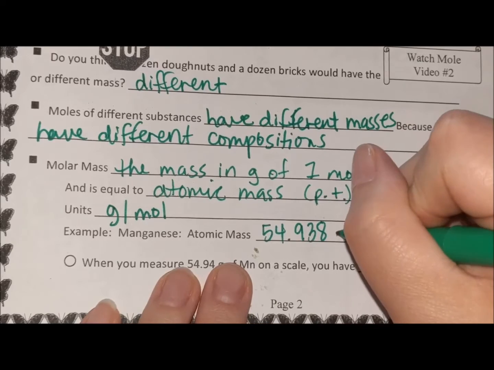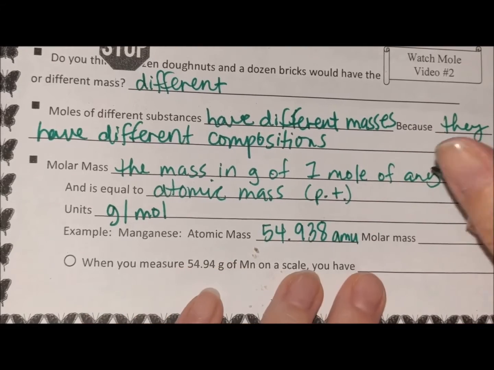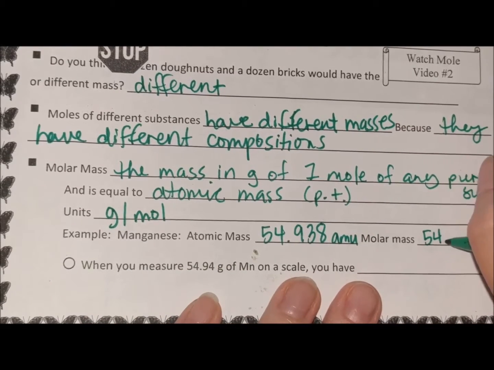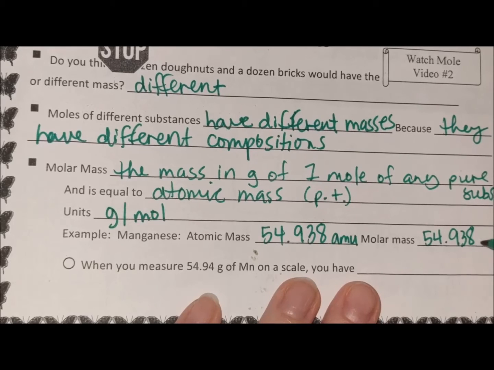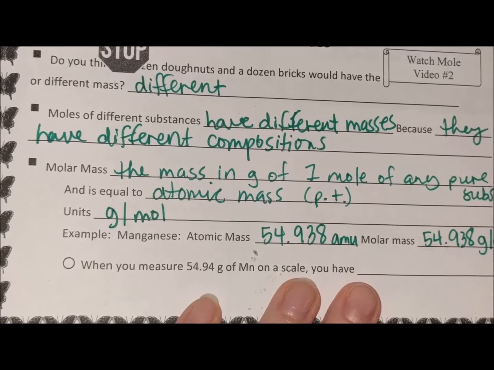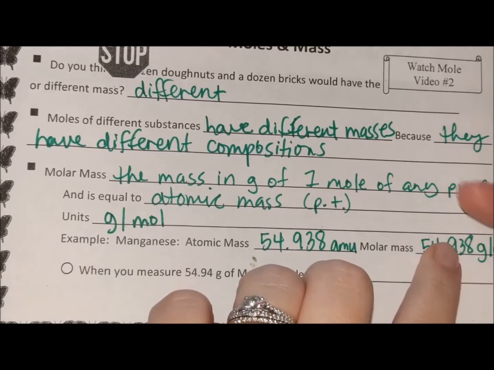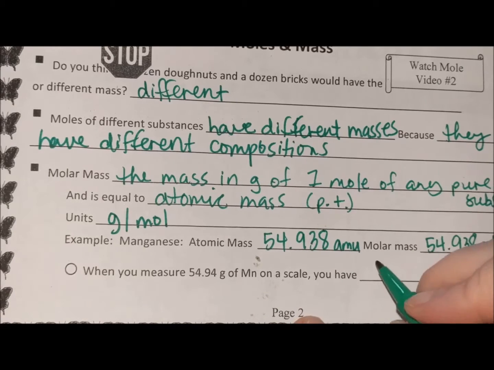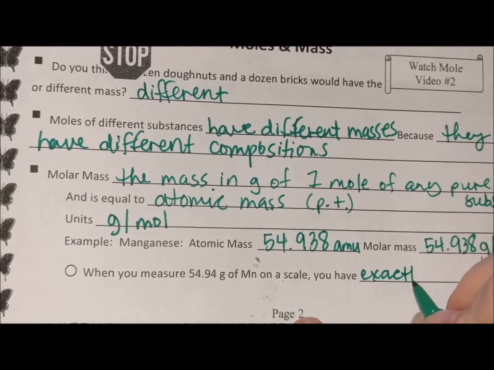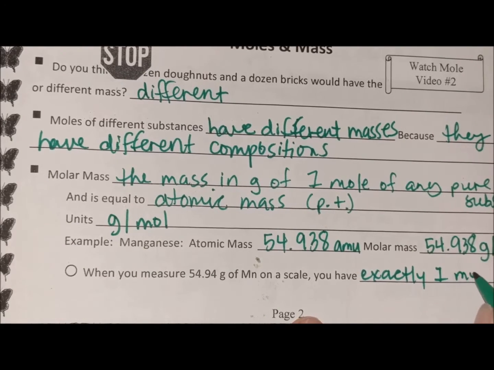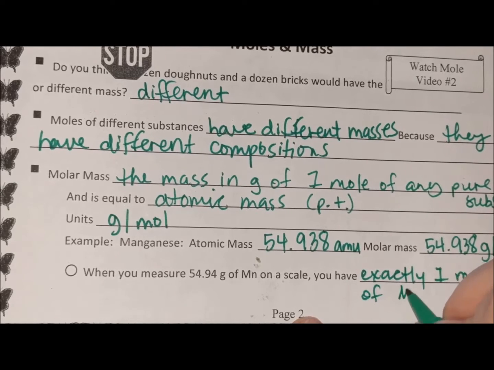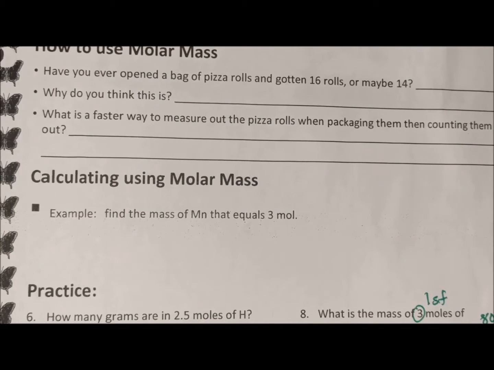And atomic mass is measured in AMUs, and molar mass is the exact same number, but it's going to be measured in grams per mole. So if we were to measure out this mass on a scale, you would have exactly 1 mole of manganese atoms.